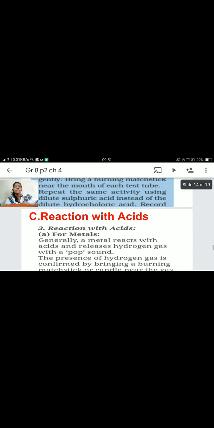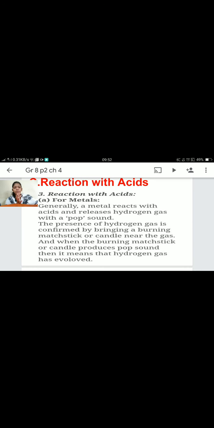So what will be your conclusion then? For metals like calcium, sodium, potassium, generally metals react with acids and release hydrogen gas with a pop sound. I will tell you, suppose you have taken iron rust.